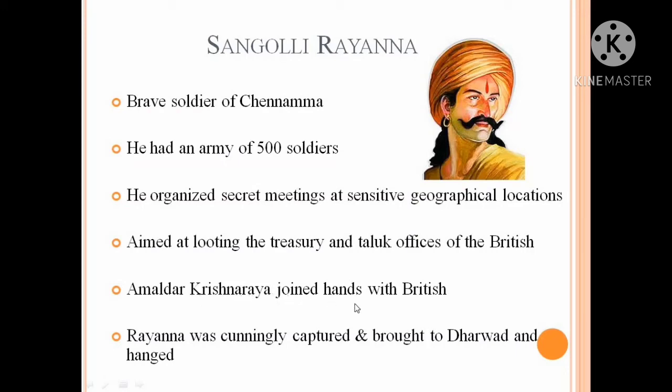Amalda Krishnaraya joined hands with the British, and cunningly Rayana was captured, brought to Dharwad and hanged there. So this is another problem, and cunningly they ended another brave person of Karnataka. So this is about Sangoli Rayana.